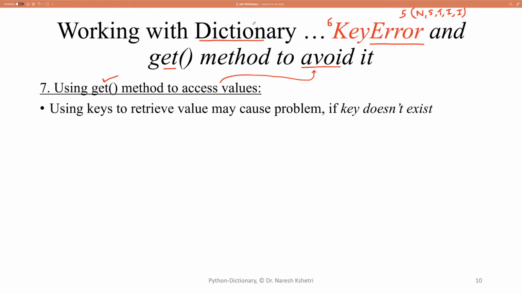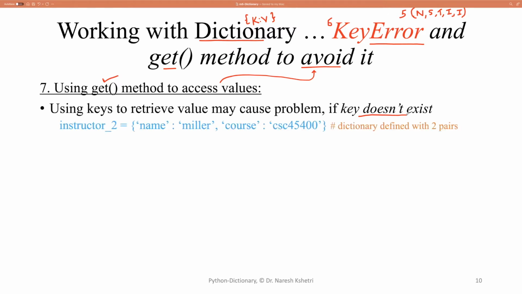As we already know, a dictionary is a key value pair. So every value is associated with a key. When we want to fetch a particular key, and the key does not exist, then we may get a key error.